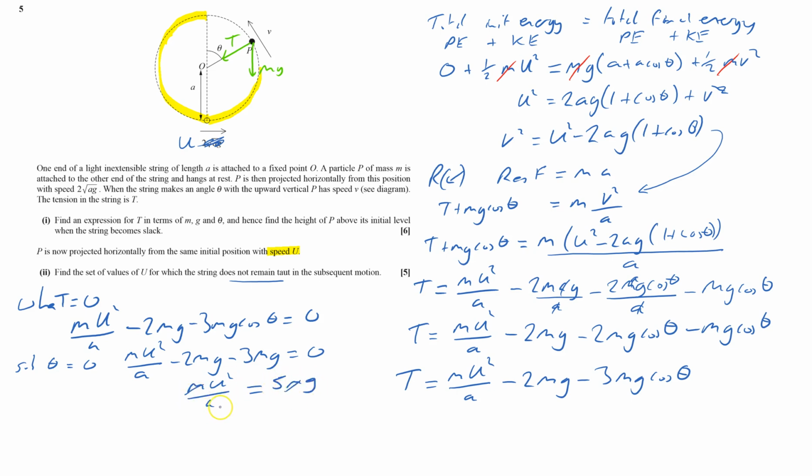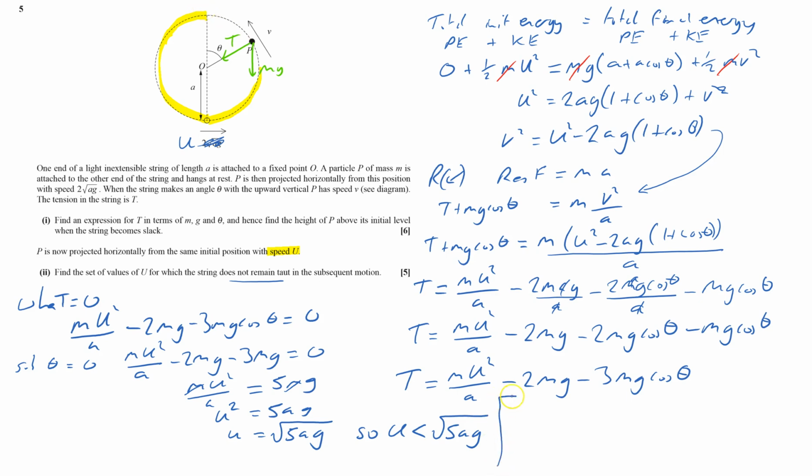The m's cancel out, multiply both sides by a, so u squared equals 5ag, so u equals the square root of 5ag. And so u will be less than root 5ag, because if it's more than root 5ag, then it's got enough energy to get to the top, and it's all going to be fine.